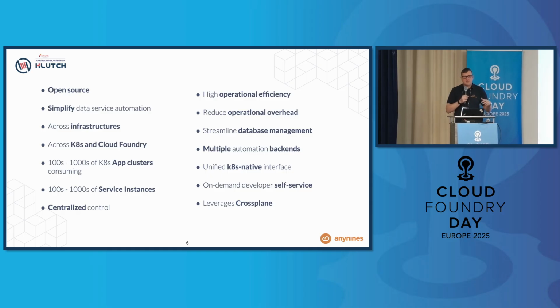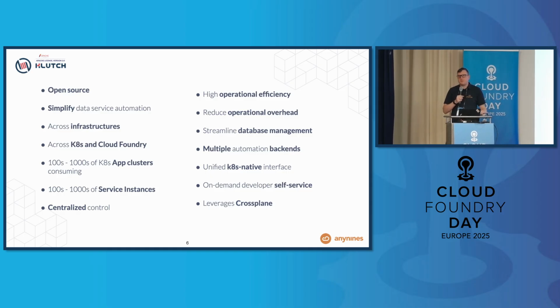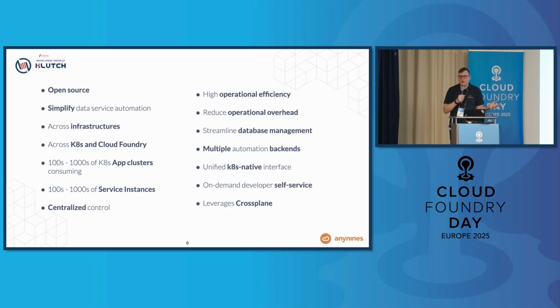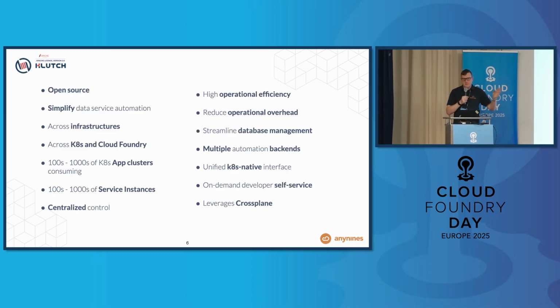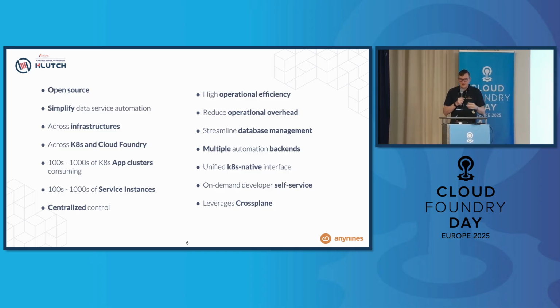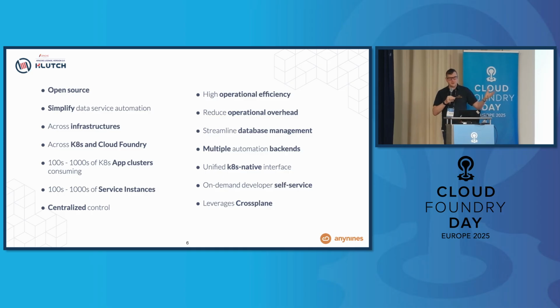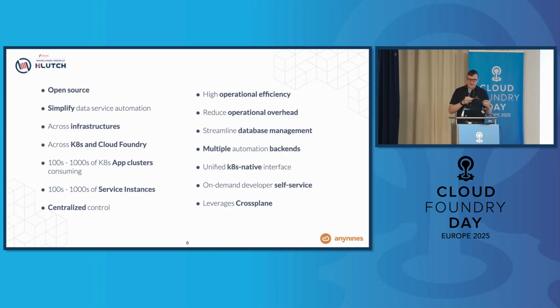Well, then we do BOSH-based automation, but we also do have Kubernetes operators now. We have customers asking for infrastructure-provided data services. And then you have the occasional enterprise data service sitting around somewhere. So there's quite a heterogeneity in the automation backends you're looking at. How to make sense of that in an ever-growing landscape that gets more complex with multiple platform technologies, infrastructures, and data services to integrate.